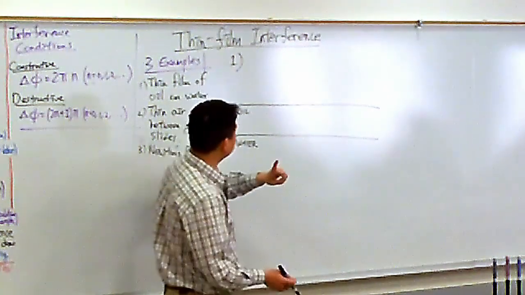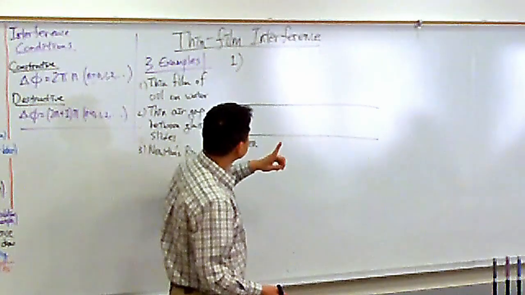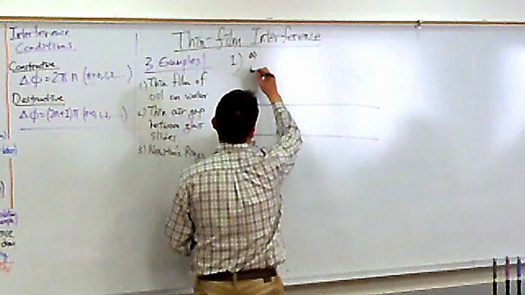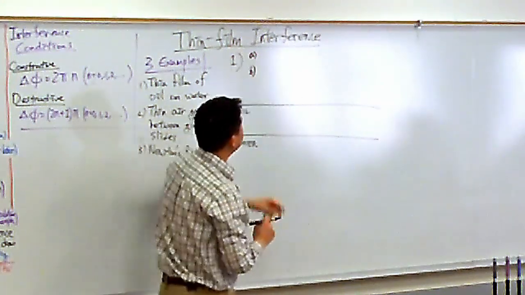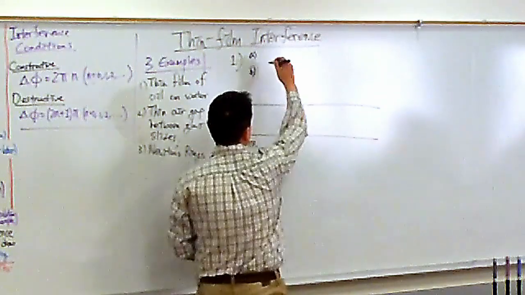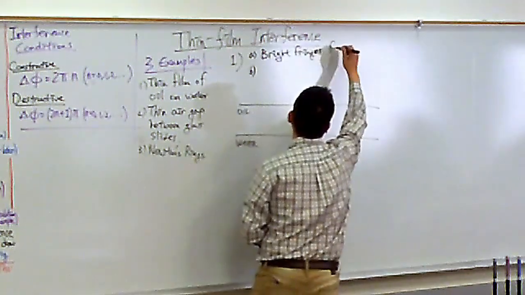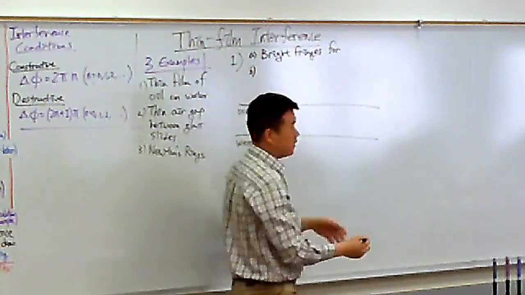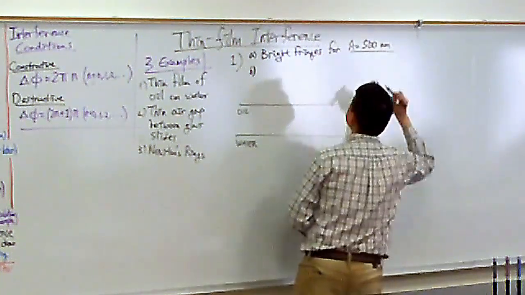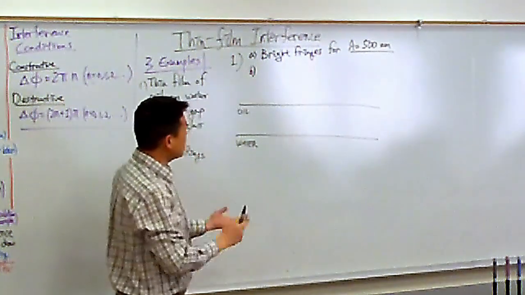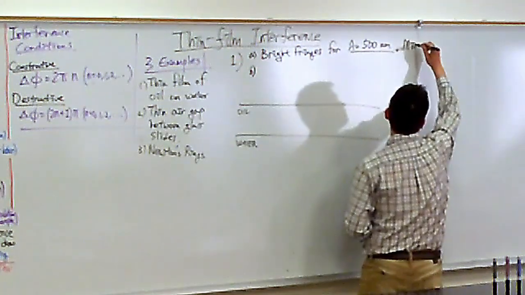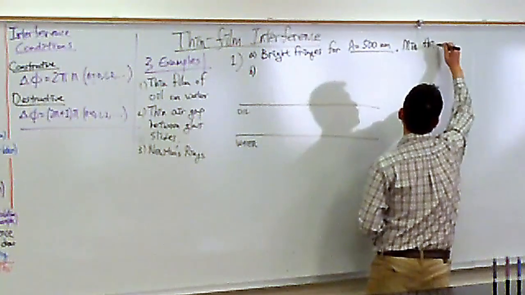So let me word it this way, use parts A and B. For part A, as you are looking at it from above, you see bright fringes for green color, let's say wavelength of about 500 nanometers. And the question could be, what is the minimum thickness of oil?